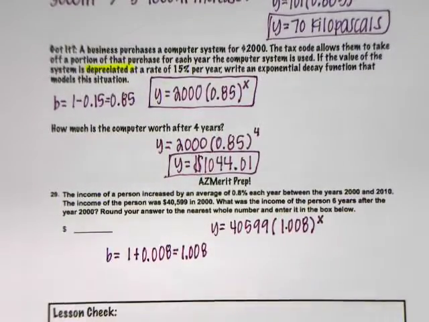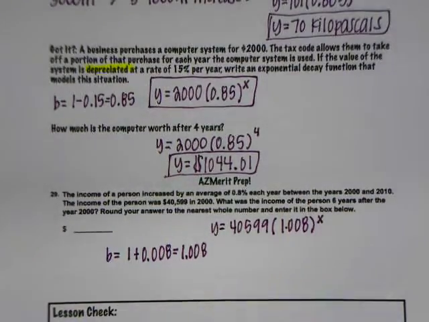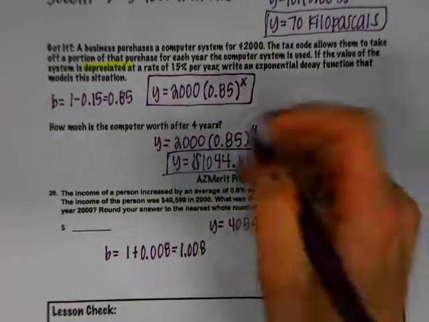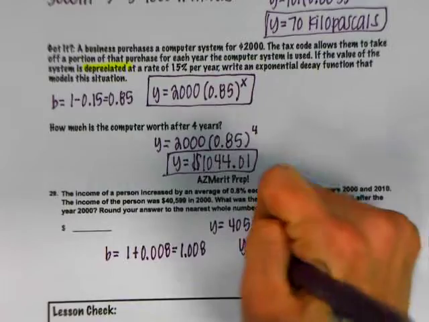But if it's increasing, how can we divide? So that's just to convert it from a percent to a decimal is the division. And then we added it to 1. That's for the increase. Okay, and then what's my exponent going to be? 6.